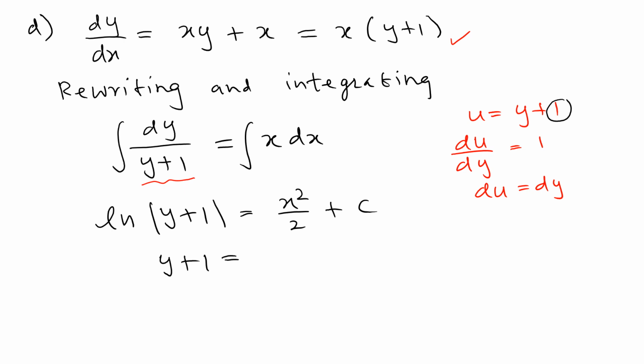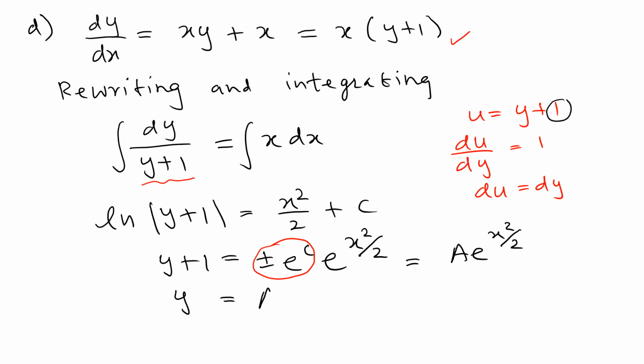And then again we can take this as just a constant, so we can write it as A e to the x squared over 2 and then bring 1 to the other side. So that means y equals A e to the x squared over 2 minus 1.